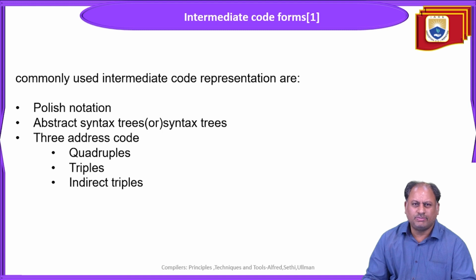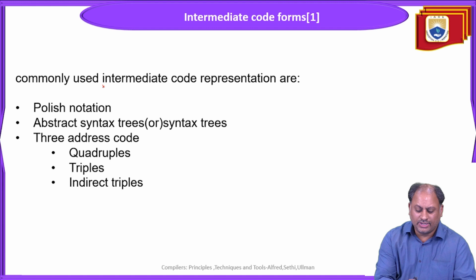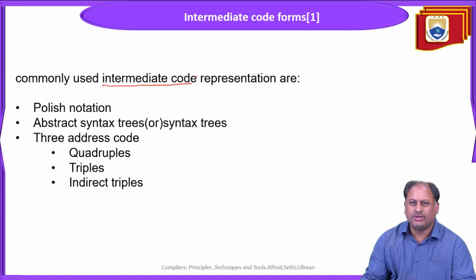That's why it plays an important role. Now, what is intermediate code? Until now we have seen whether this phase is required or not, and the pros and cons. Now, what are the notations used for describing the intermediate code?